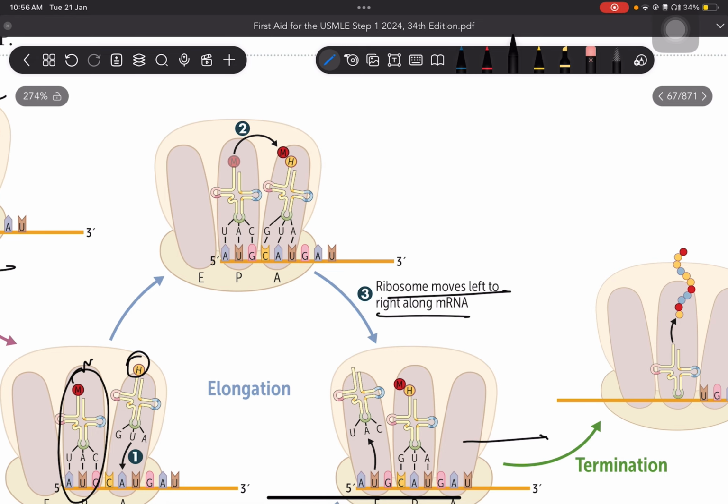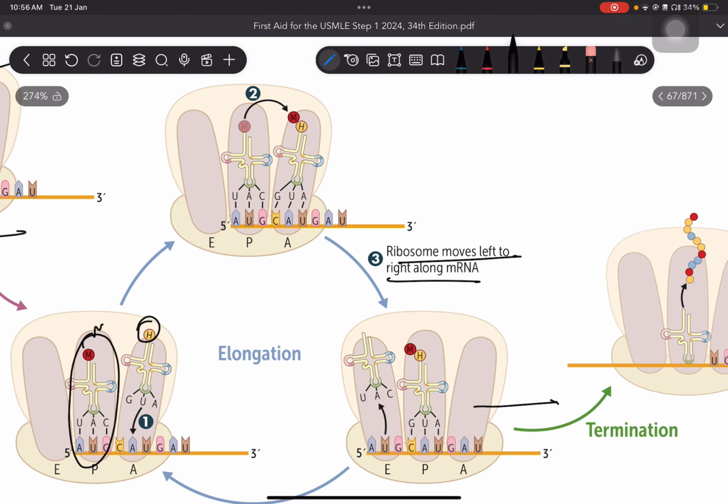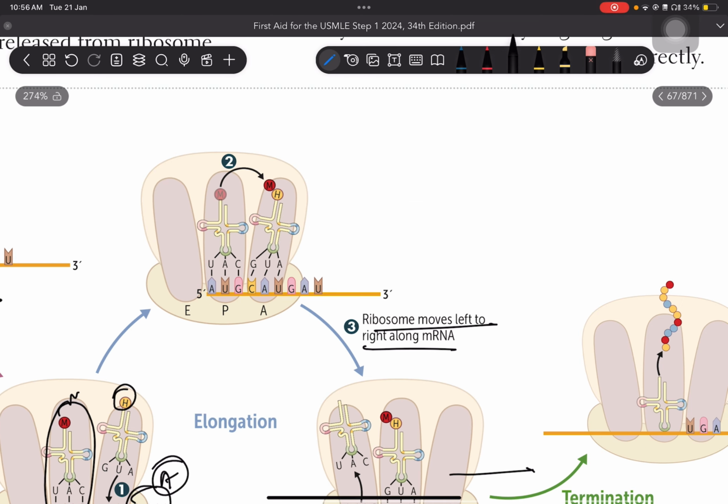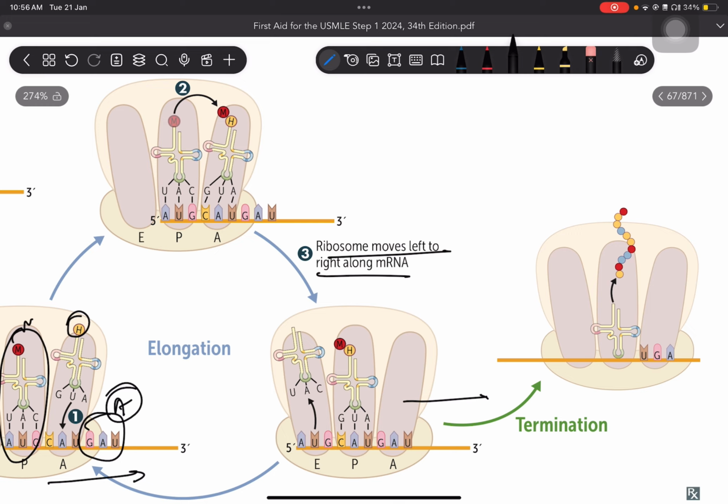Then the ribosome moves from left to right, your A site becomes the P site, and the other site becomes the A site. Are you getting the point? So your P site synthesizes the new peptide chain.